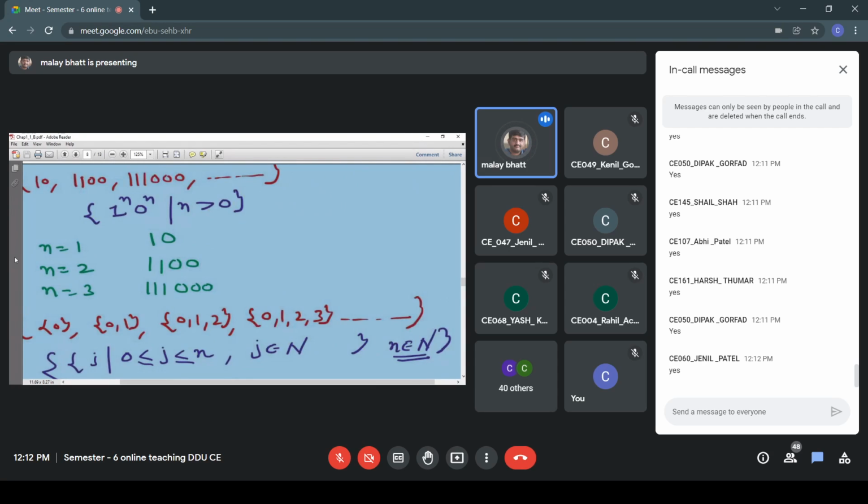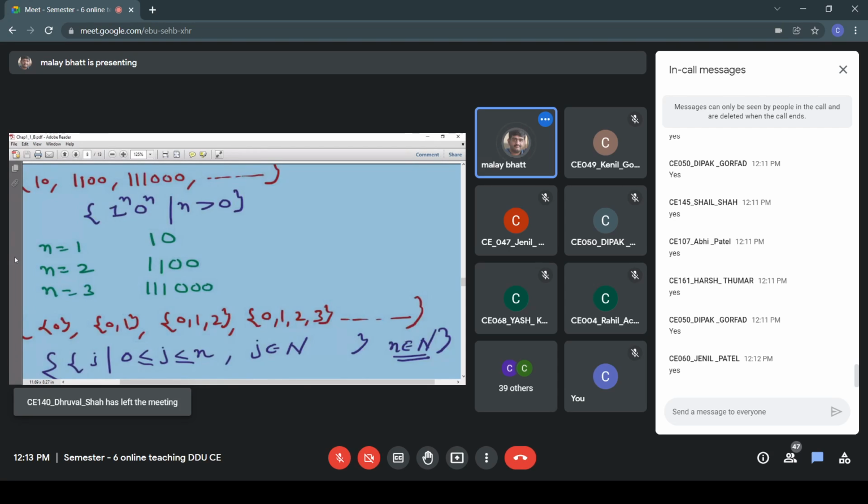When n becomes 0, the range for j will be 0 less than or equal to j less than or equal to 0, and you will get 0. Similarly, when you take n equal to 1 for the outer set, the range for j will be 0 less than or equal to j less than or equal to 1. So we have two elements, 0 and 1.